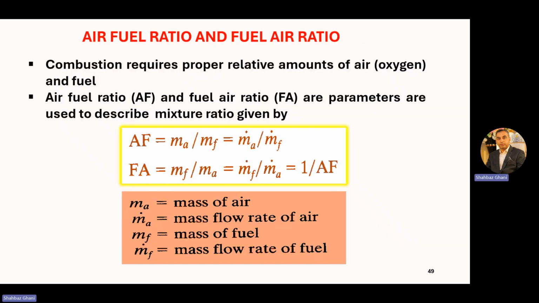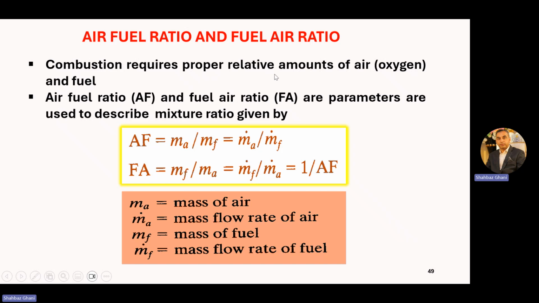Now, the next operating characteristic of an engine is air fuel ratio, or fuel air ratio. Let's see. Combustion requires proper relative amounts of air, oxygen, and fuel. If we have a proper ratio of air to fuel, then we can have the combustion process.